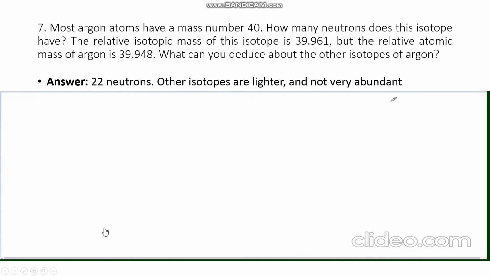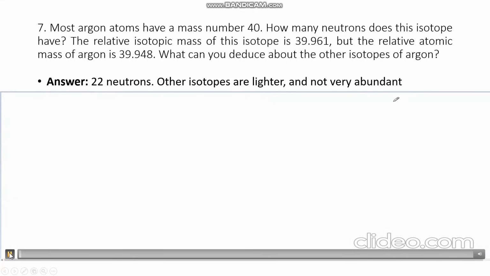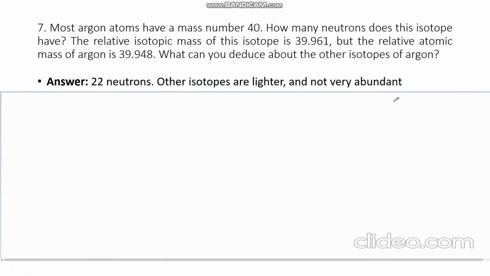Please pause the video and try to understand the question by yourself. The answer is 22 neutrons, and the second part of the answer is other isotopes are lighter and not very abundant. According to the question, the mass number of one isotope of argon is 40.